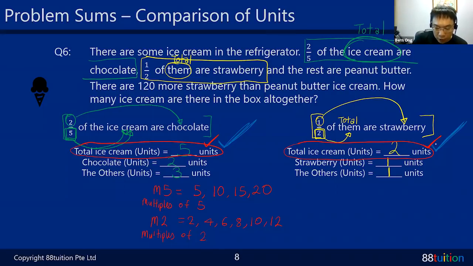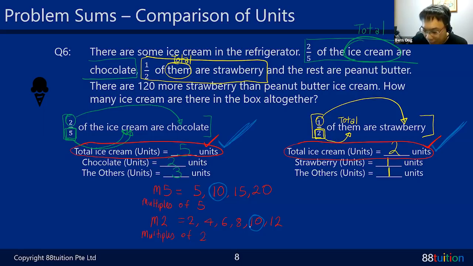If you look at the multiples of 5, there is a 10 here, and in the multiples of 2, there's a 10 here. So the 10 is the common number for the 5 timetable and the 2 timetable. Fraction is something which you can adjust accordingly.